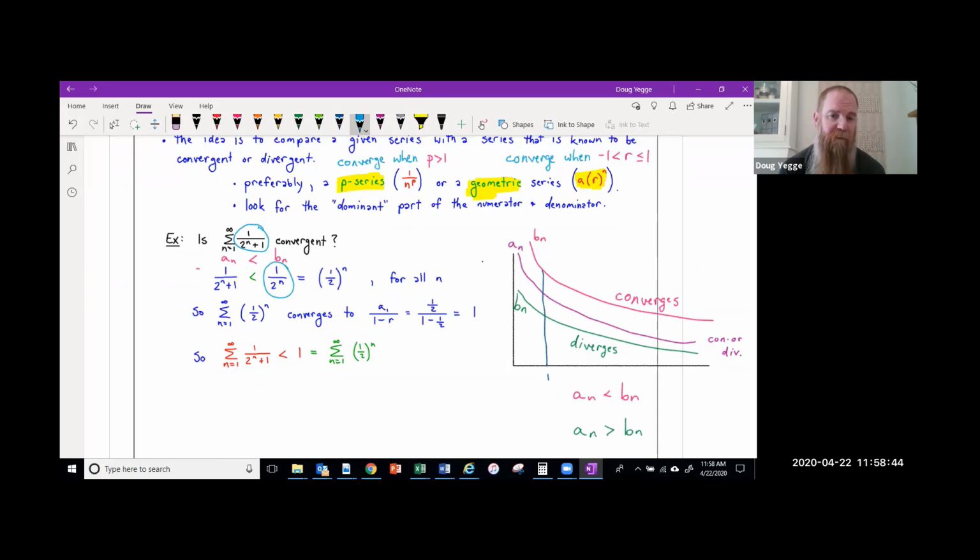So if I could look at something that's similar to the given series, and I can prove that the original series is smaller than this convergent series, then I can guarantee that this situation right here occurs, which is underneath a convergent sequence, which forces A sub n to also converge. So the purpose of this is that you're trying to pick some other sequence called B sub n that will help you to determine whether or not the original series converged.